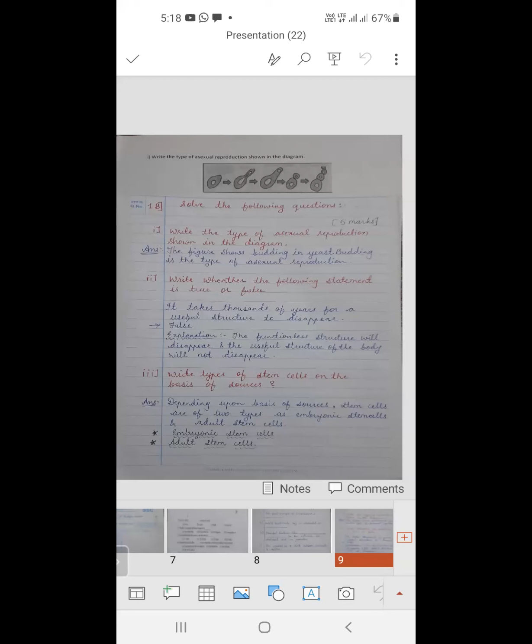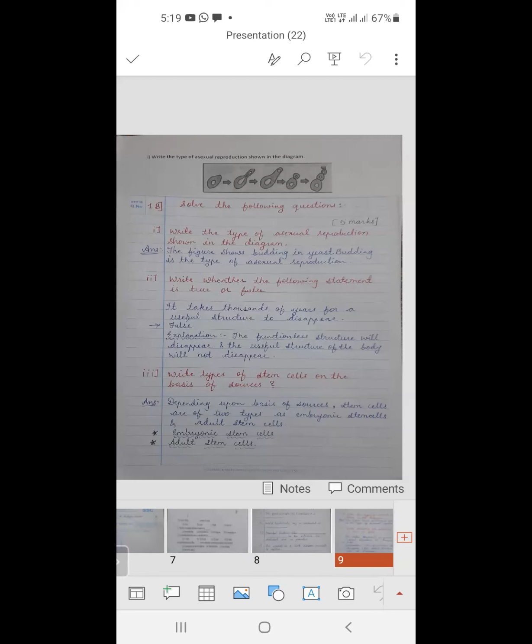First you have to write false, and then explain how this statement is incorrect. You have to write the explanation that the functionless structure will disappear. If a structure doesn't have any function in the body, that type of structure disappears, not the useful one. The useful structures of the body will not disappear.